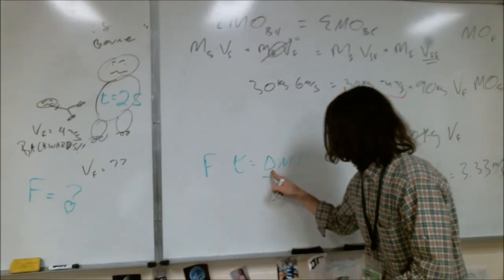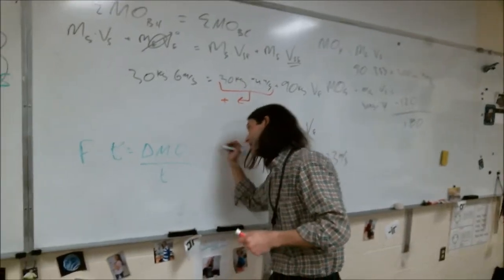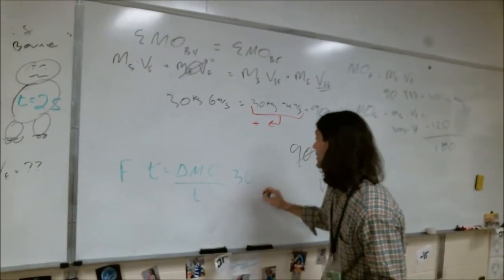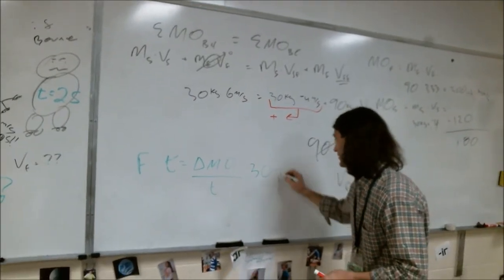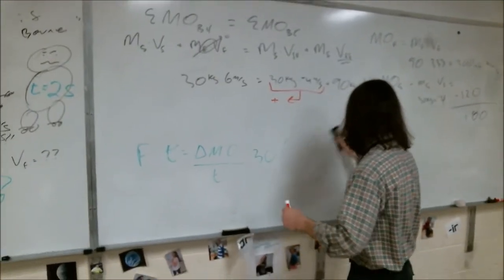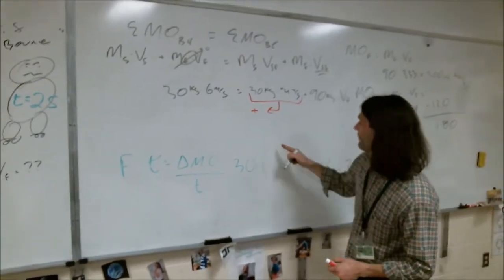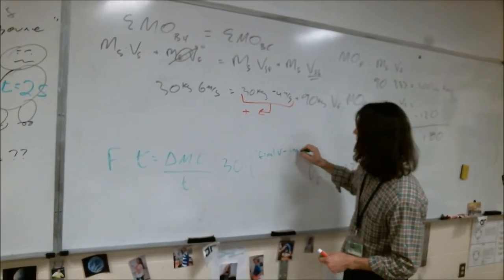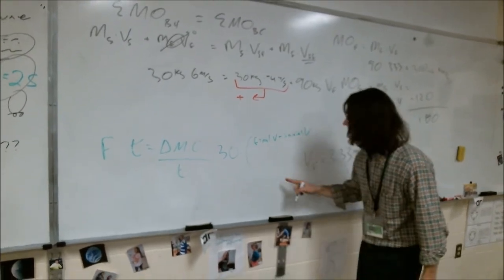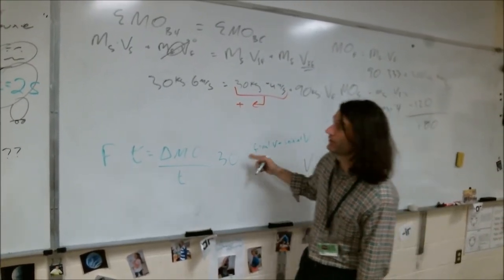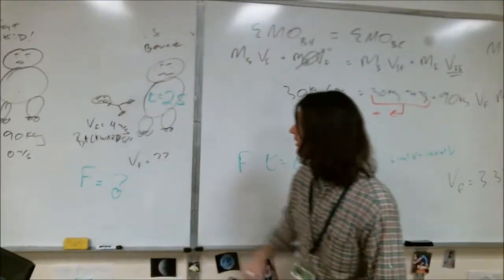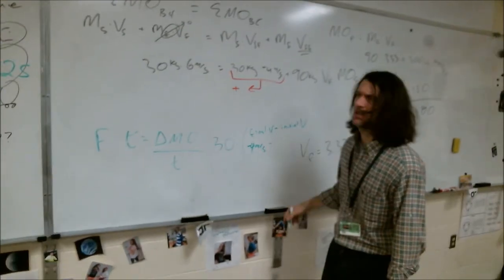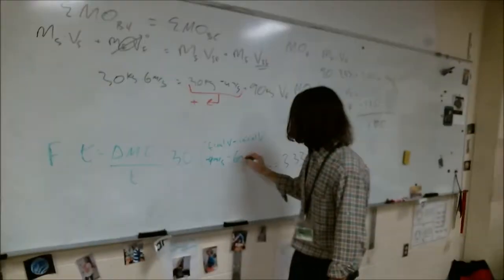The change in mo of the skinny kid is the skinny kid's mass, which is 30, times his change in velocity. A change in velocity is always a final minus initial v. So the skinny kid's final v, -4, minus his initial v of 6.